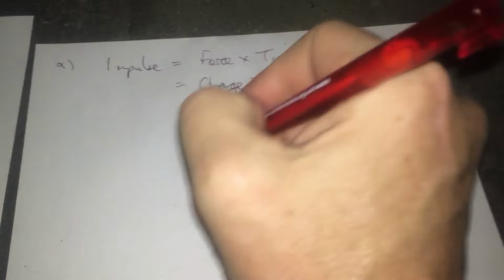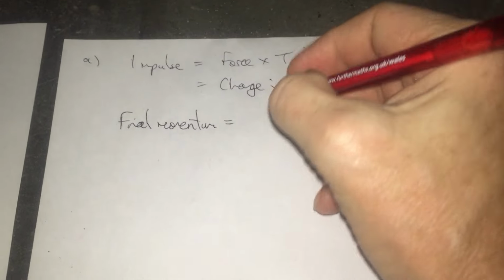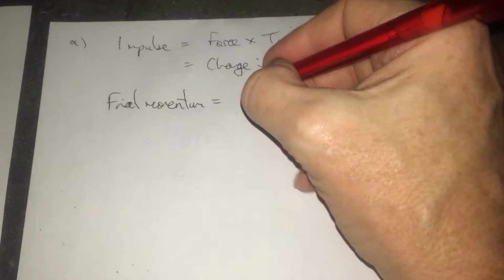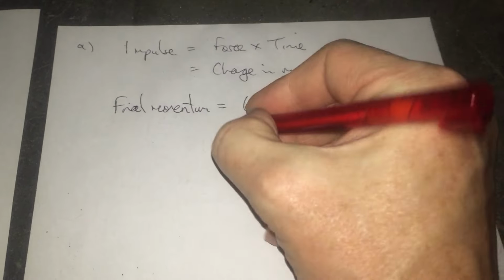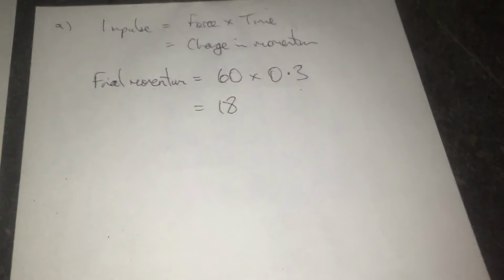So, since the object starts at rest, the change in momentum is equal to the final momentum. So the final momentum is equal to force times time, which is 60 times 0.3, which equals 18.